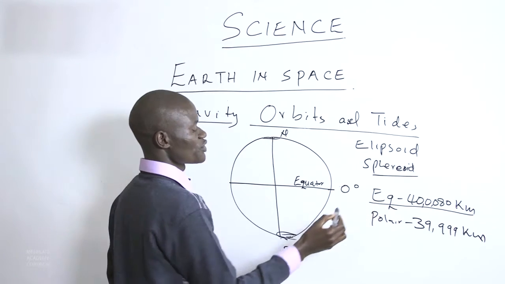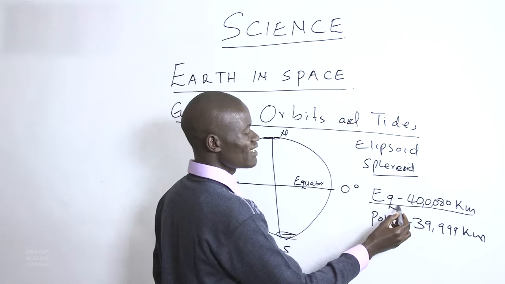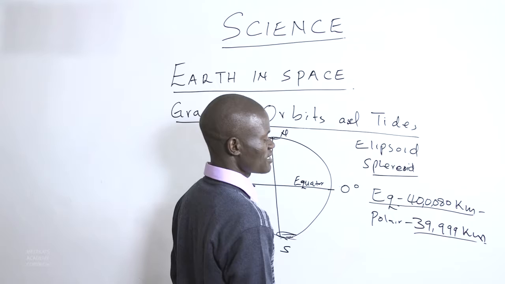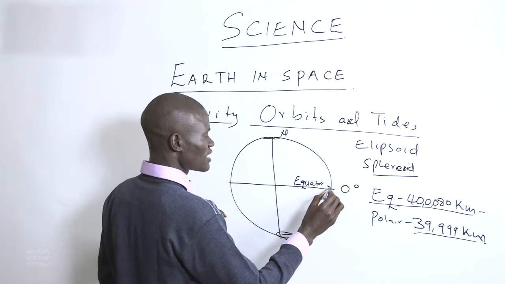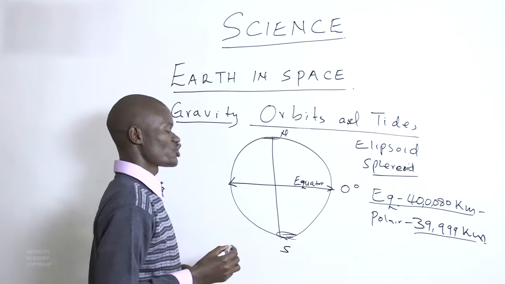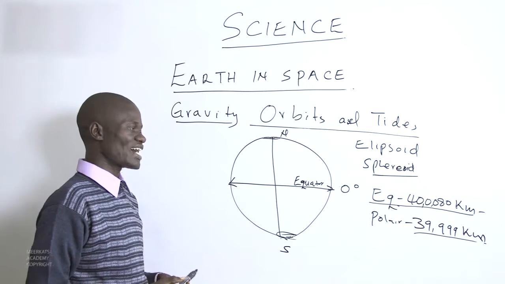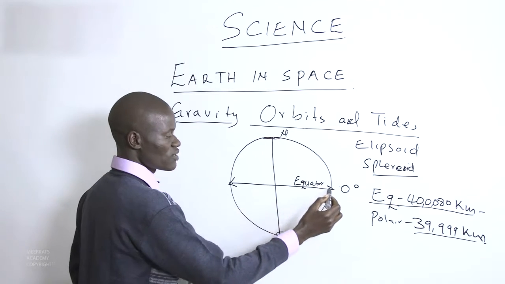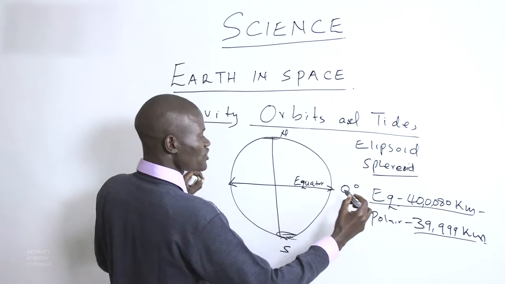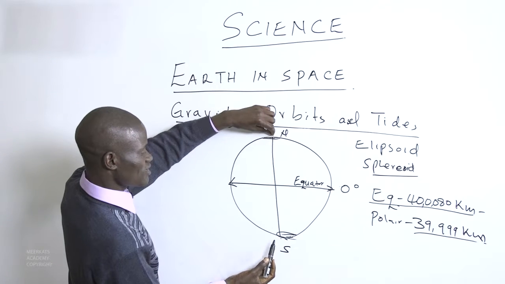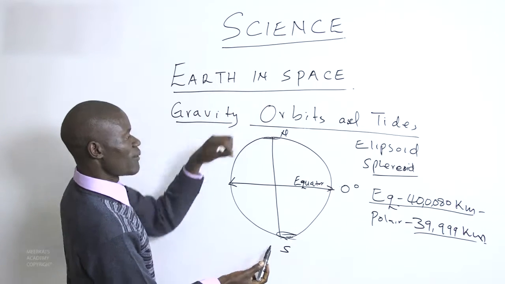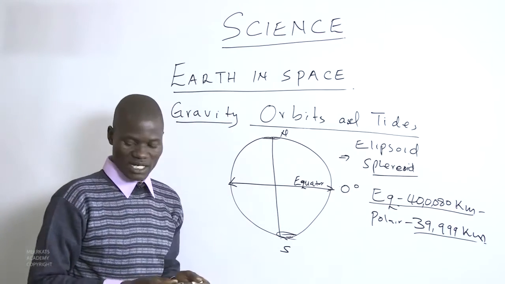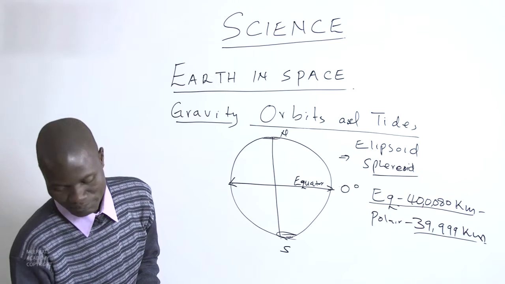The equatorial distance is slightly more than the polar distance, because as the Earth rotates on its own axis, it bulges away. Therefore, the centrifugal force makes the Earth bulge outwards, and as the centripetal force works on the poles, making them flattened, it creates an ellipsoid shape of the Earth.